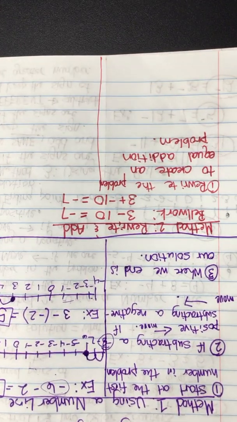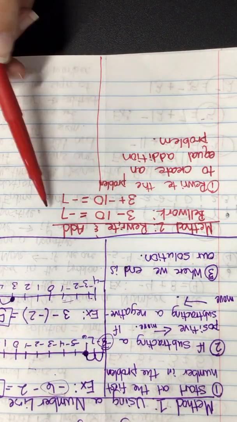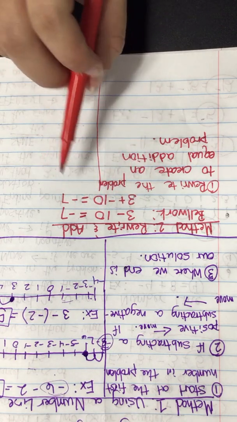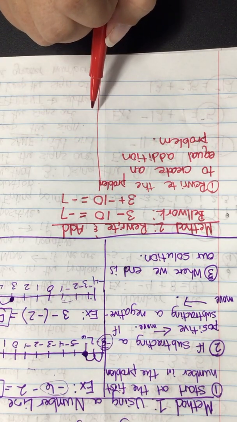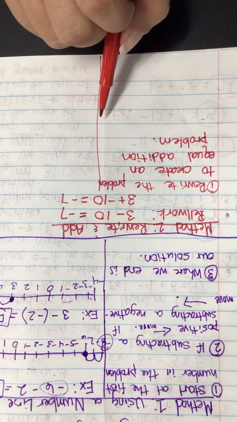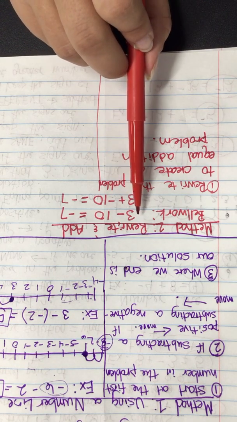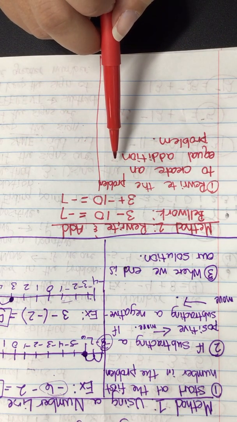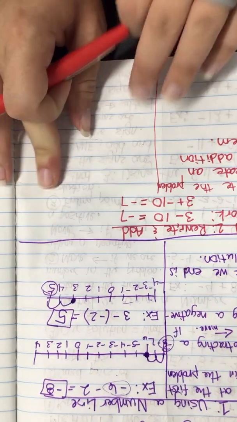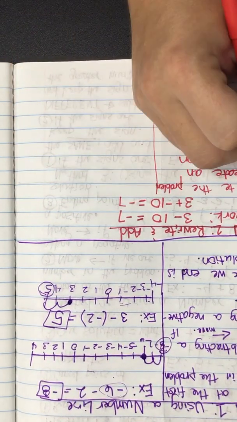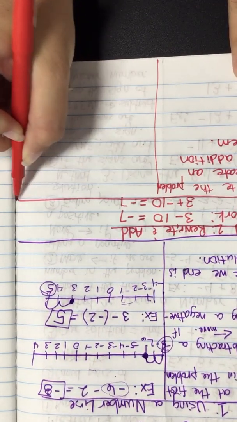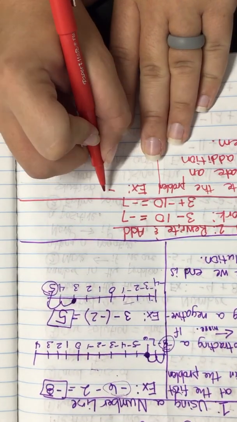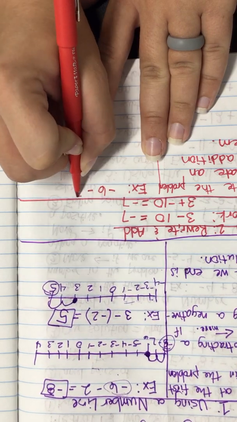Okay? So just like this bell work problem, 3 minus 10 and 3 plus negative 10 are going to give us the same solution. That works every single time. We can actually rewrite every subtraction problem to be an addition problem as long as we do it correctly. Okay, so let's look at an example. Let's say we're trying to solve negative 6 minus 7.